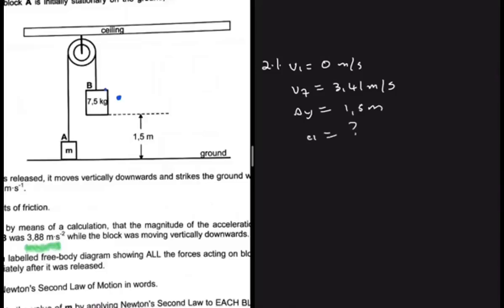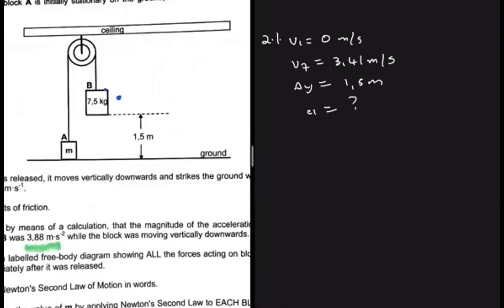So based on the vertical projectile motion, you can see what we have to use here. VF squared is equal to VI squared plus 2a delta Y. We have VF squared, we have VI, we have delta Y. So we can use this formula for sure, right? It's gonna work because we're looking for the acceleration.